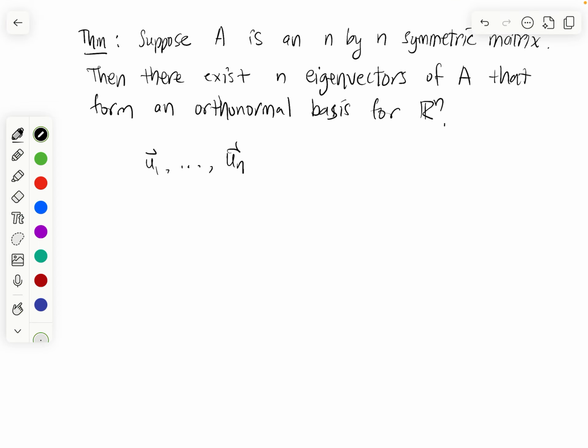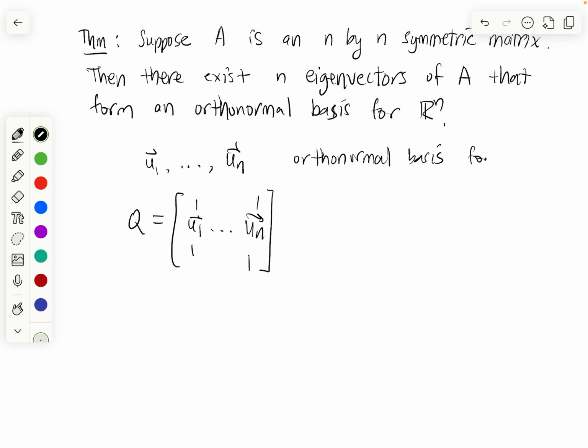And let's say you form this matrix Q, which has the ui's as the columns. u1 through un is your orthonormal basis consisting of eigenvectors. These are all eigenvectors of A.